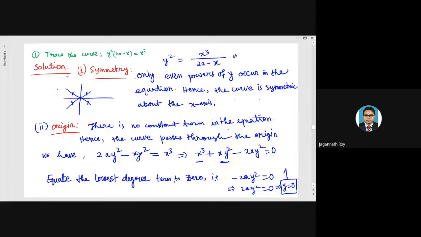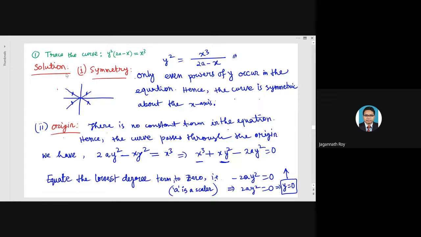What is it? This is a, because a is a non-zero constant, a scalar value. So 2a is a scalar and y square equals 0, which implies y equals 0.